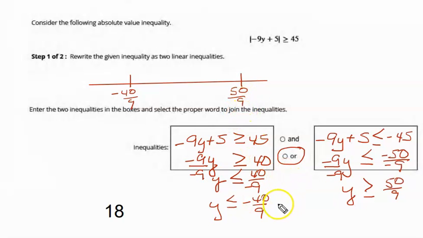So what are the signs like? We're saying y is less than this, less than or equal to this. So we're going to use a bracket here, and this goes off to negative infinity.